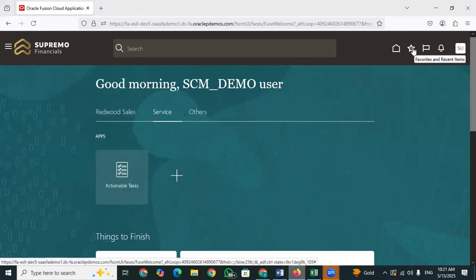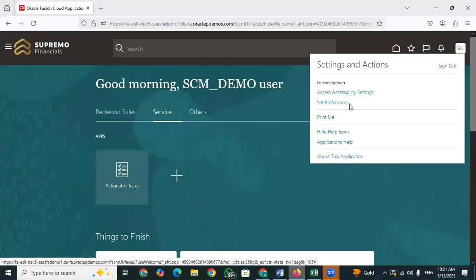In the same way, a user performing requisitions every day adds the requisition page to favorites. This is a watch list. It shows what you do daily, the things you are watching, the activities you do every day. And this is a notification.